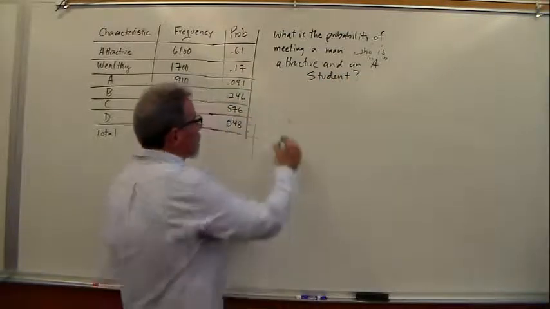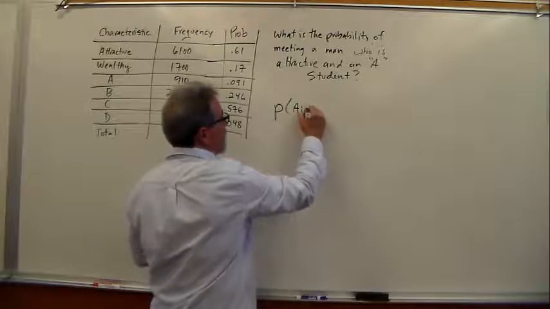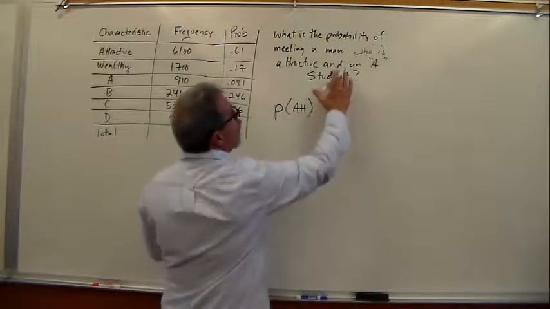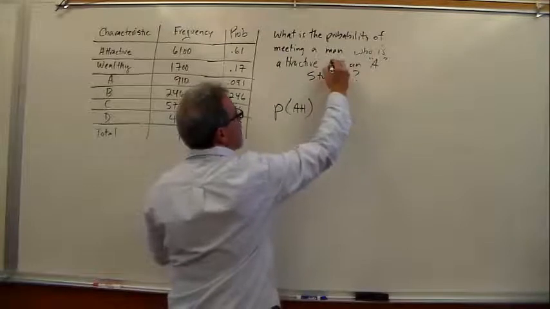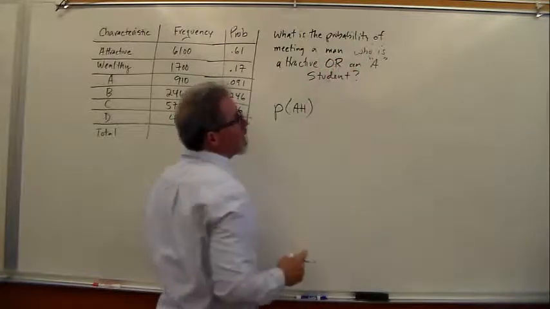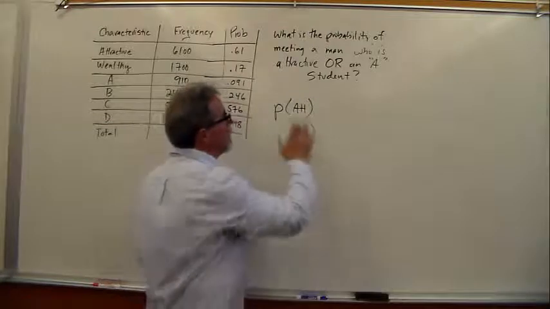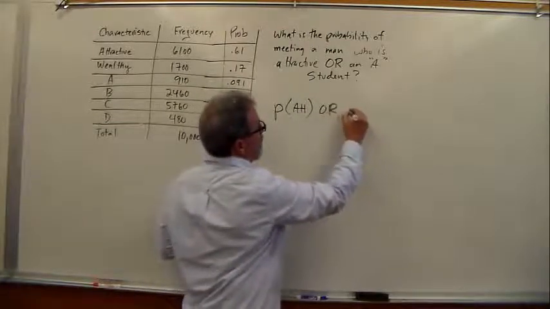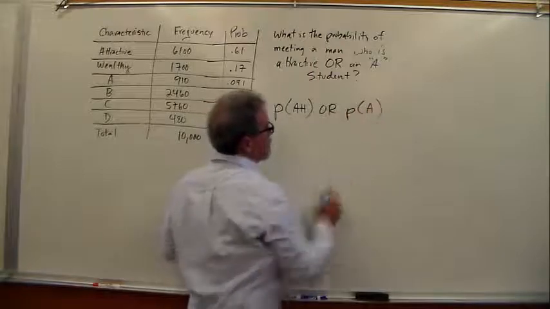Okay? So, do it the same way. Probability of attractive, or. We're going to switch this to or. I apologize, my mistake. They're either attractive or intelligent. Probability of attractive or probability of A student.